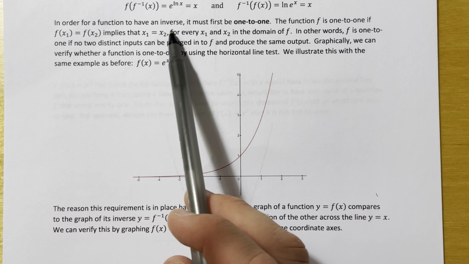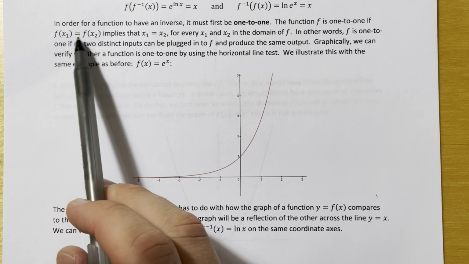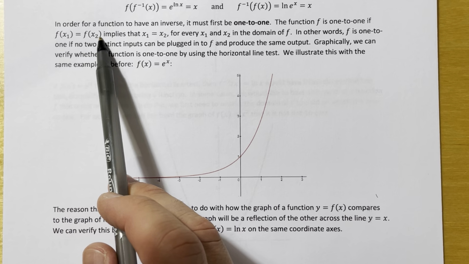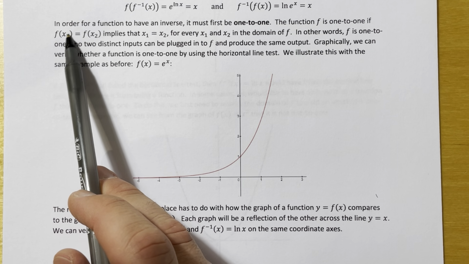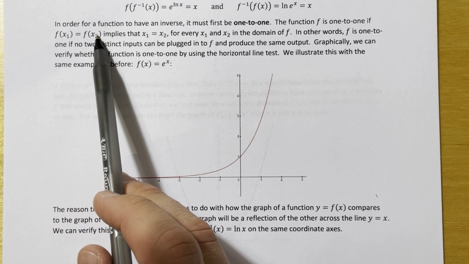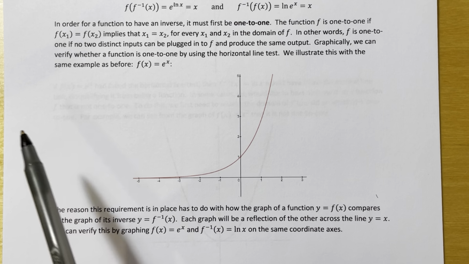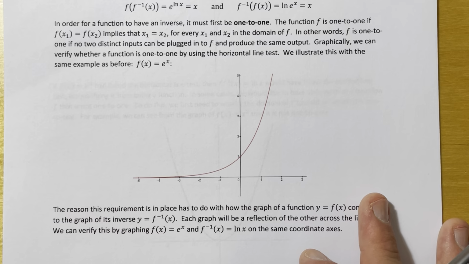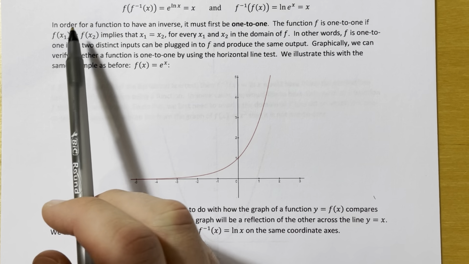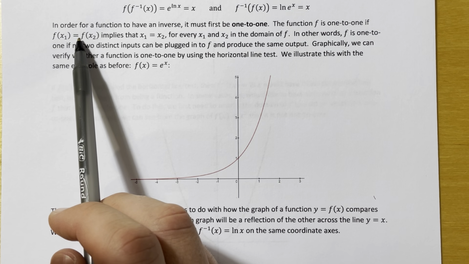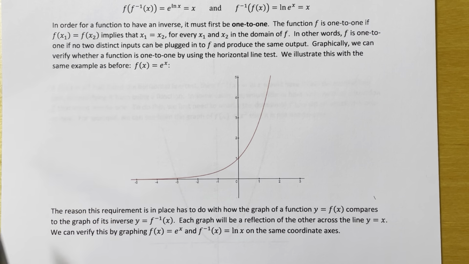You may not know what it's saying here. So to clarify, if I say f of x1 equals f of x2, what that means is if I plug x1 and x2 into this function, then they each produce the same output. Okay? A function that's one-to-one can never have two different inputs giving you the same output. That's what would cause a function to not be one-to-one.